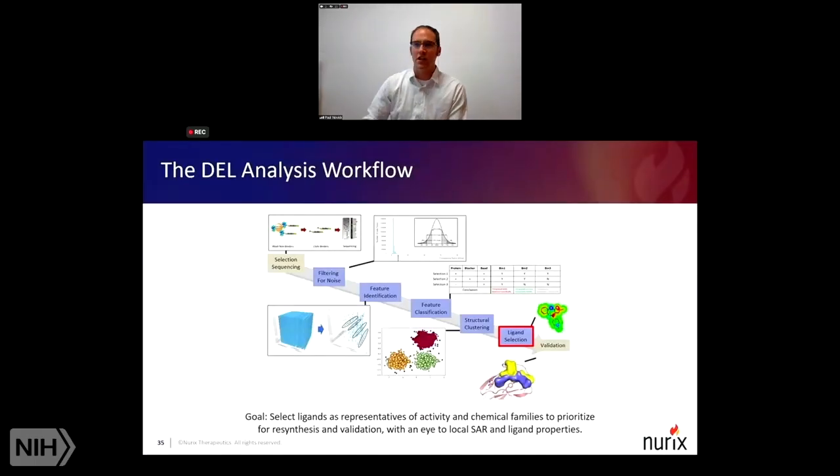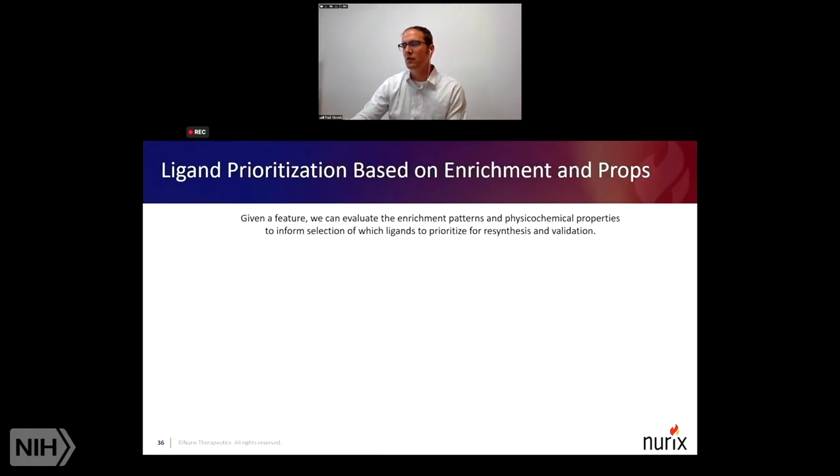So finally, we have an understanding of these distinct chemical families and their relative SAR. So now our goal is to pick individual ligands from each of these series, which are representative of the general structures, which we can then prioritize for resynthesis and then validation. And so to do this, what you want to do now is zoom in on the local SAR and the local chemical space of each of these different clusters and families.